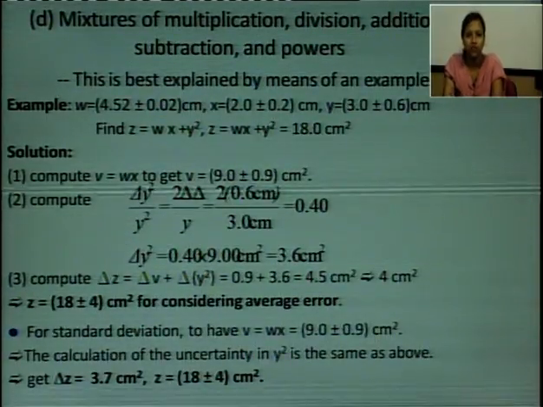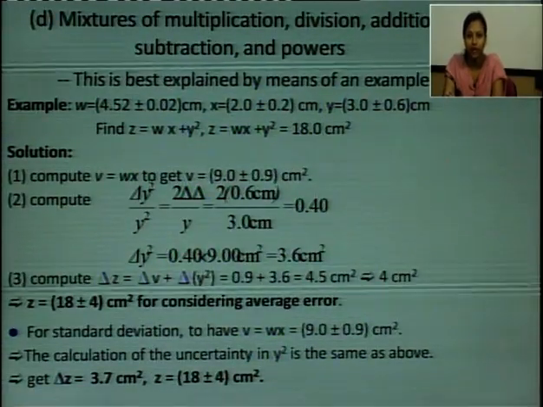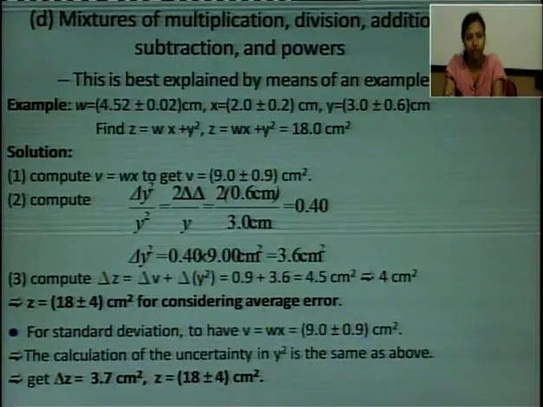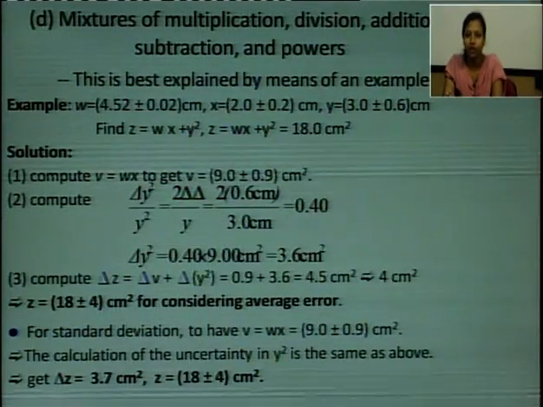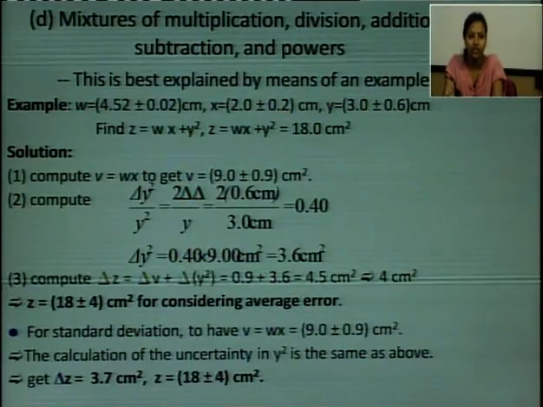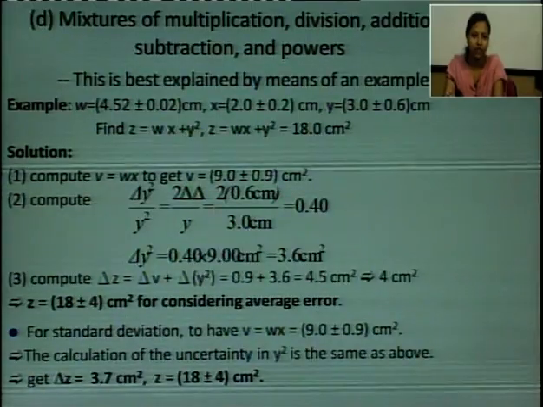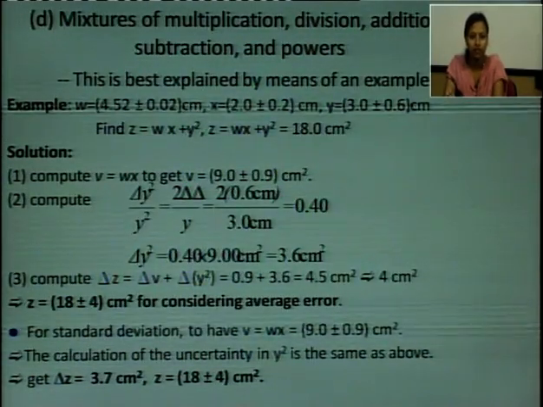Next example is if z is equal to wx plus y square, then we need to calculate the uncertainty involved here. So first we need to calculate for wx and y square, then we can easily sum up all these. So delta z is equal to delta v plus delta of y square.